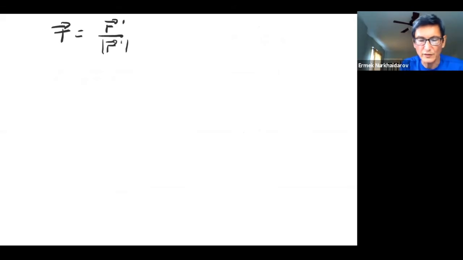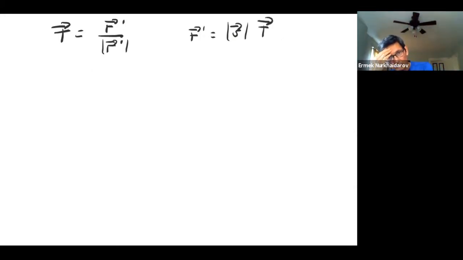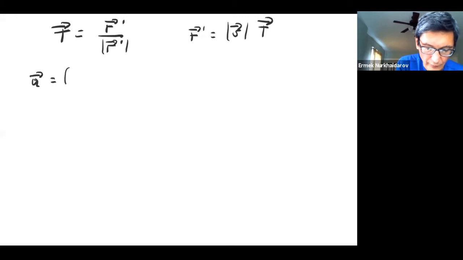The unit tangent vector is basically your derivative divided by speed, velocity over speed. So from here we obtain that velocity and the unit tangent vector are in the same direction, we're only off by a magnitude of speed. Then we can find acceleration by taking the derivative of that expression.